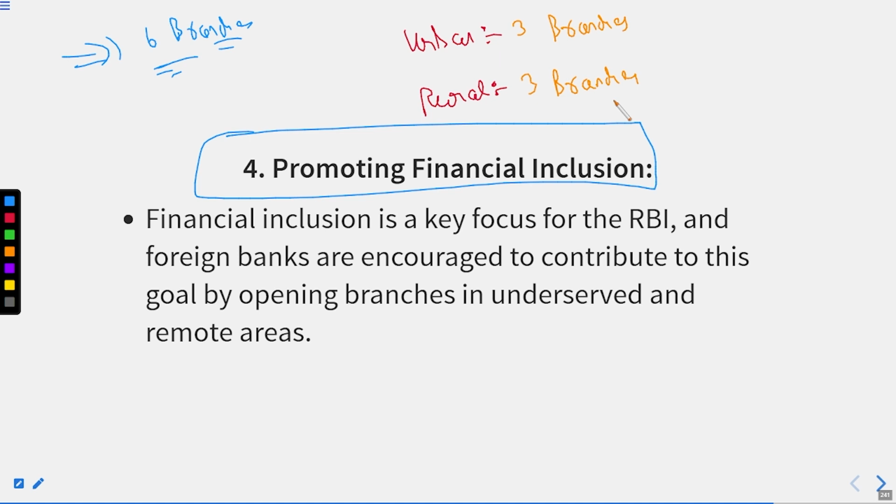Okay, so this should be done, right? So that's why they promote financial inclusion, because the people of rural areas are generally ignored by the traditional banks, because as I have told you many times, these are not the people who could afford bank loans at lucrative interest, right?